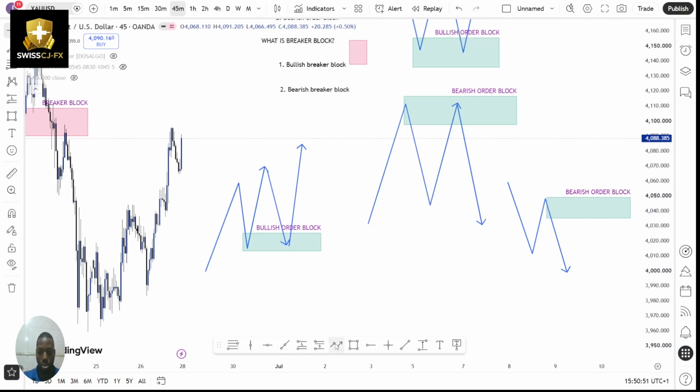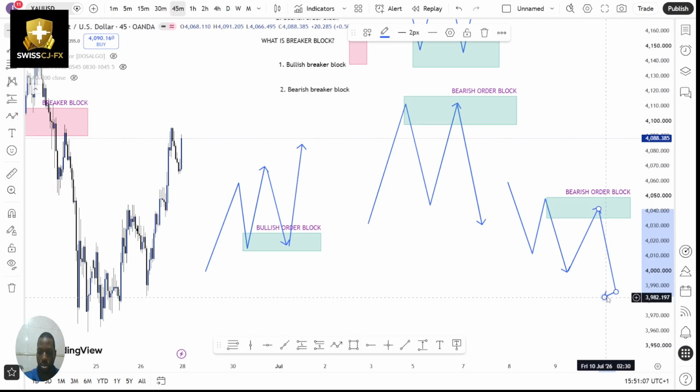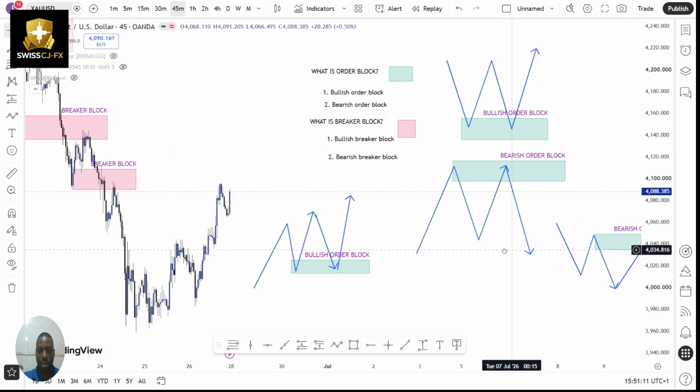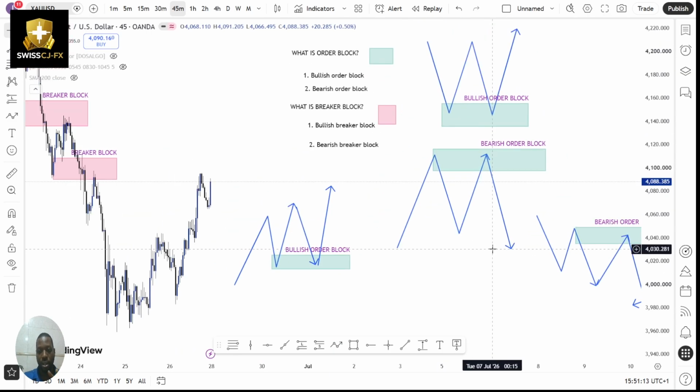Then you wait for price to come back to this zone, then move to the downside. This is a simple representation of how order blocks look, both on the bullish side and the bearish side.